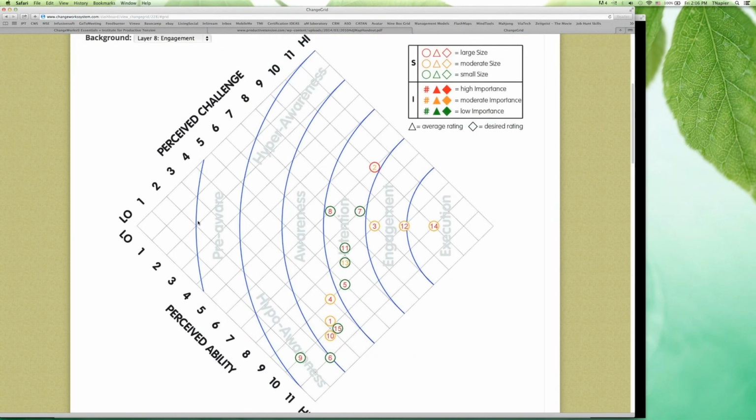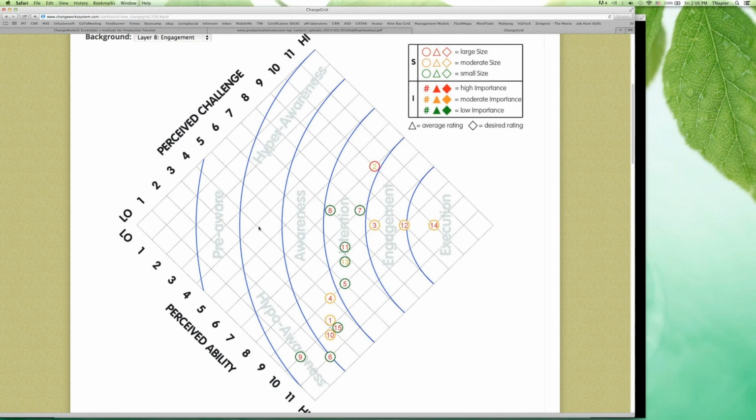Okay. All right. So now I want you to be reminded that change occurs in only two areas on the change grid: upgrid changes and outgrid changes. Upgrid changes are driven by external factors.